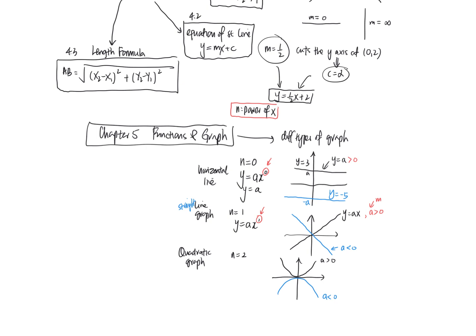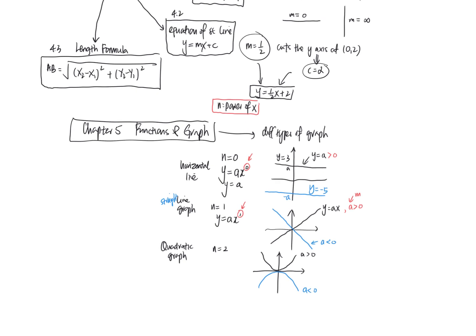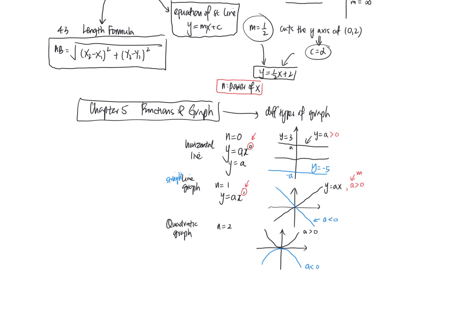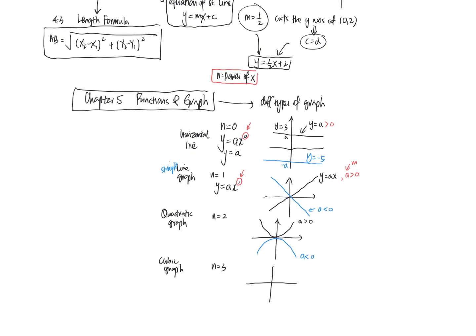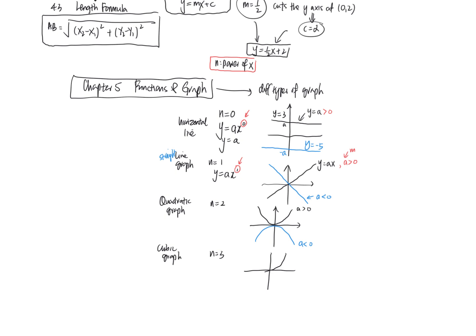So this is the third type. Fourth type is when it's power 3. Power 3, we call it the cubic graph. So cubic, the shape is a bit interesting. One hand up, one hand down. So this is when it's positive.